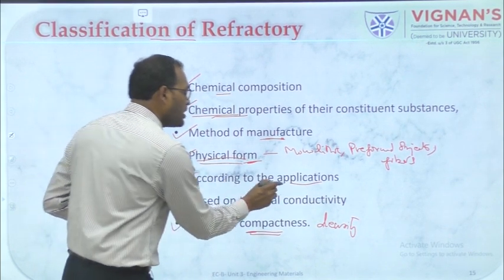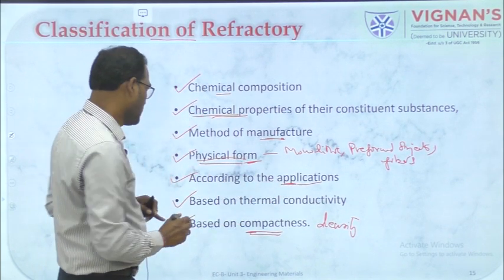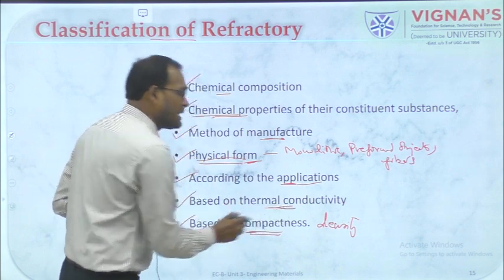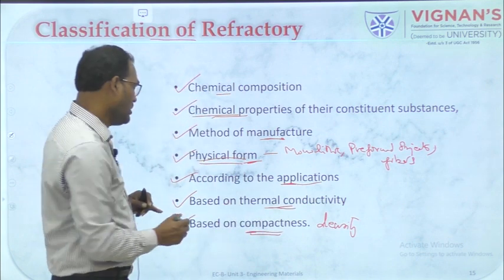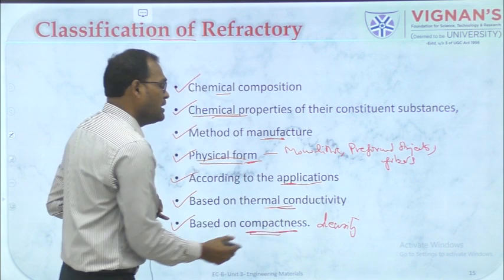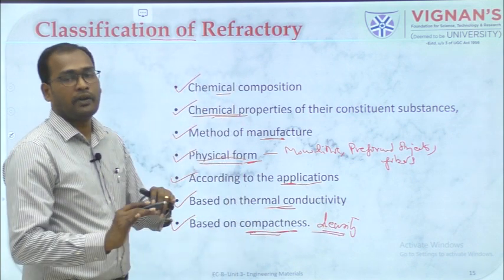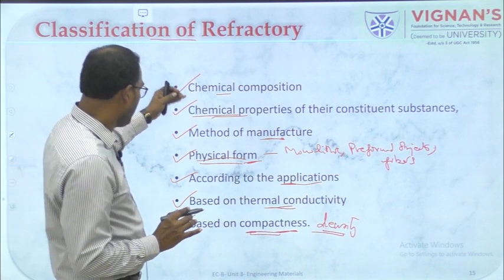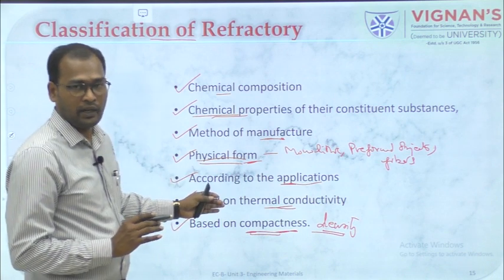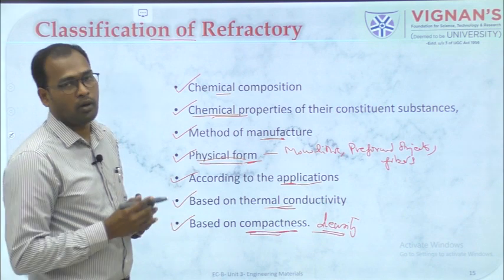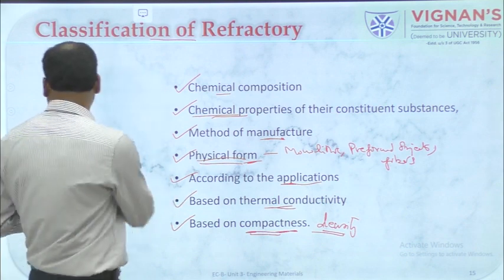We can classify based on where it is used, based on the conductivity nature of the material, and also based on the density or compactness of that refractory material. We will see a few of these, how they are classified, and then we will move on to the properties of refractories.